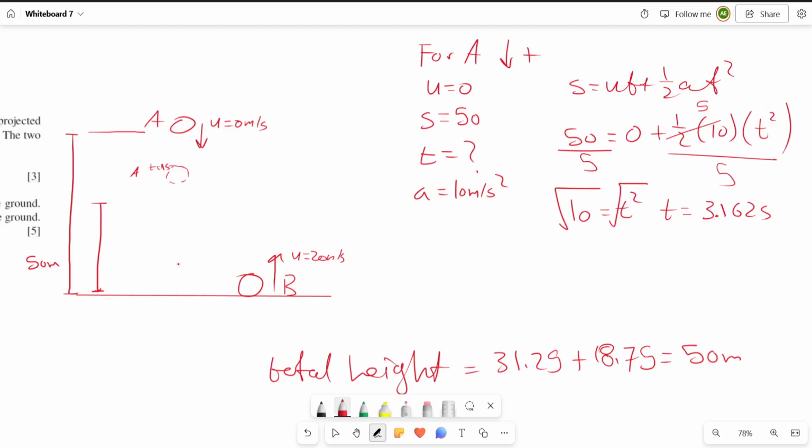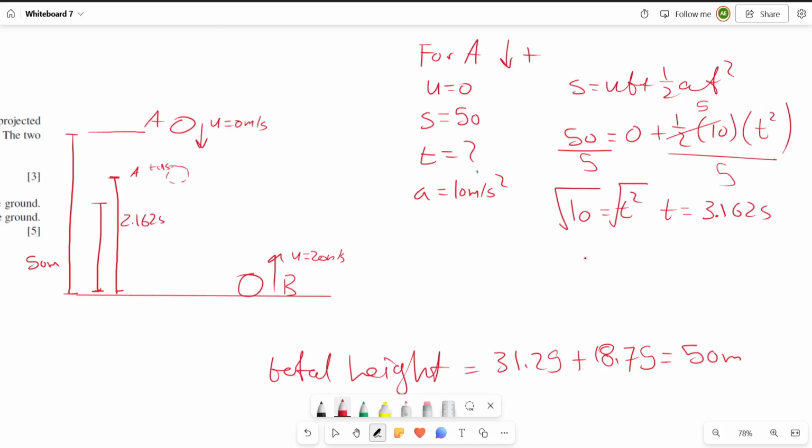So this is the total time that A took from the moment it was released until it reached the ground. So in that period of time, how long was B in motion? We know that B was released 1 second after A, right? So 1 second after A was released, B is now moving. Now, A has 3.162 minus 1 second, so it has 2.162 seconds to reach the ground. And that is when B was released.